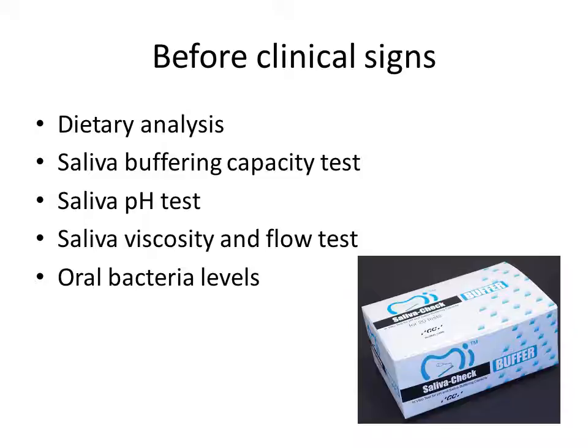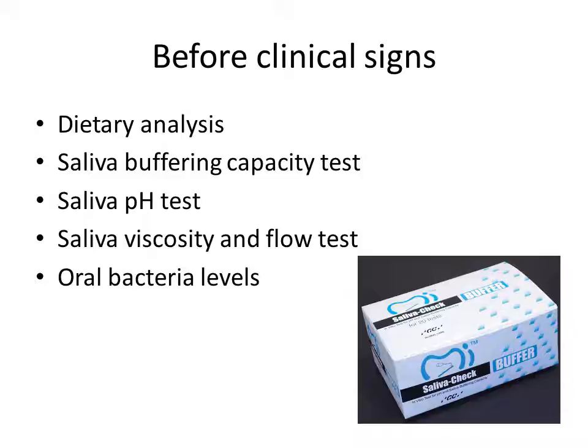And we can also look at the bacterial levels in a person's mouth, doing some tests on particular species of bacteria. This last area of investigation is a little more difficult to do in a clinical situation, because it usually involves taking swabs or saliva and having a commercial professional laboratory determine the bacterial profile of the plaque or the saliva test.